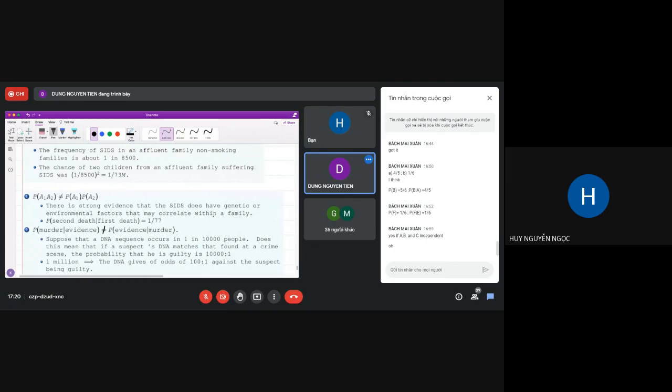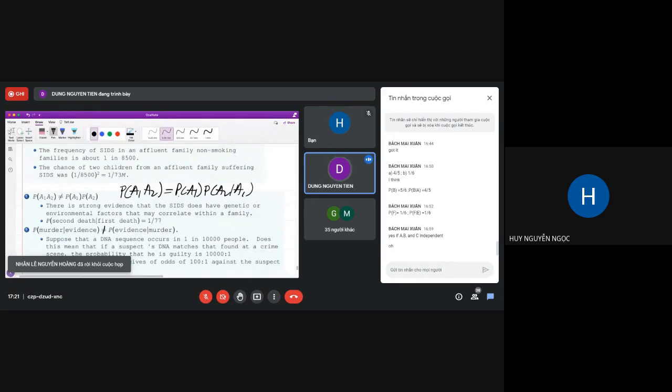So you should say that the probability of A1 A2 is equal to the probability of A1 times the probability of A2 given A1, where A1 is the event that the first baby died, and A2 is the event that the second baby died.